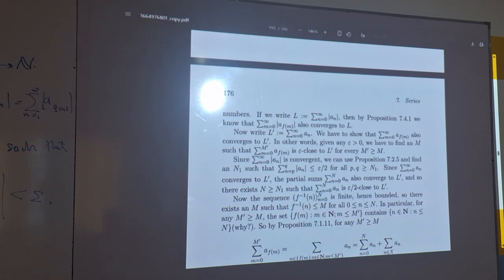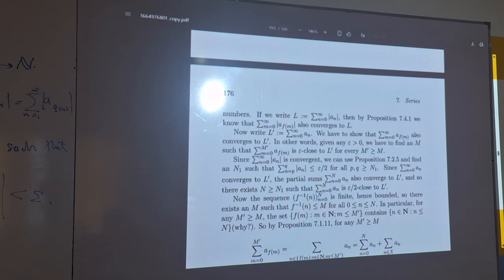If you take any n less than or equal to capital N, what we know is f inverse n less than or equal to capital N. If capital N dash is greater than or equal to m, then f inverse n is less than or equal to m dash.